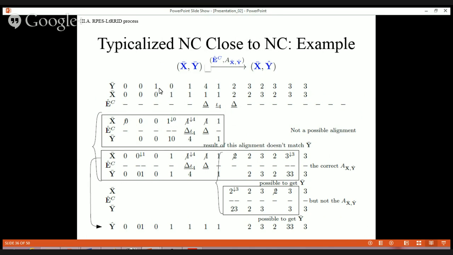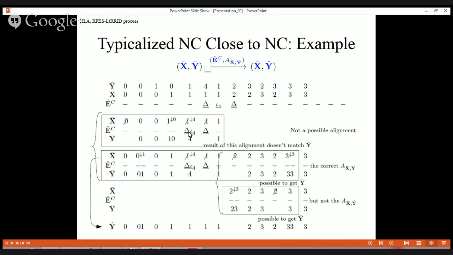And then later, we would know that in y, there's a 0 after this 1. So there must be an insertion of 0 here. And again, we align 2 non-operations in E complement, which means there is no edit eliminated here. So up to now, there are 5 non-operations in E complement.